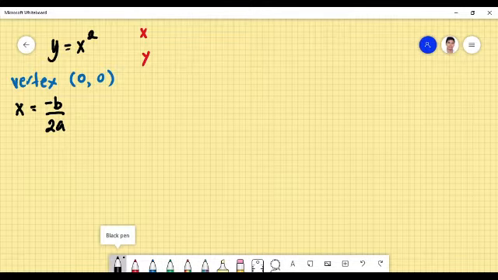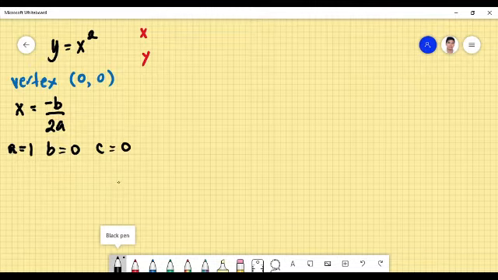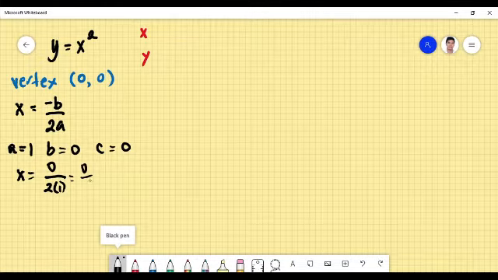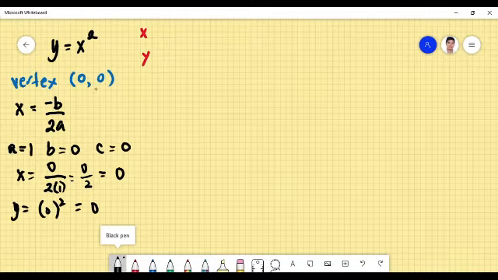In this example, the value of a is 1, b is 0, and c is also equal to 0. So we just substitute: that is 0 over 2 times 1, or 0 over 2, which is equal to 0. To get the value of y, we substitute 0 to x in the given. That is 0 squared, which is also equal to 0. So that is the vertex.